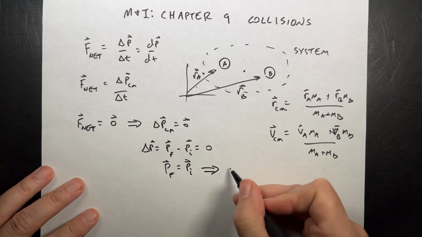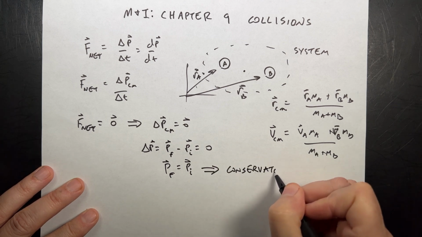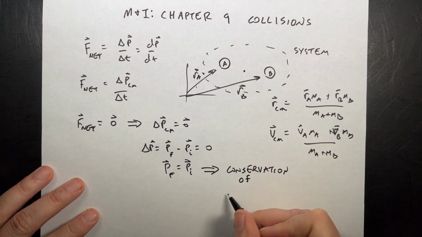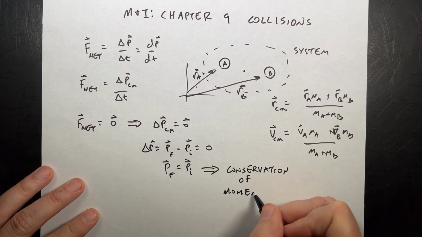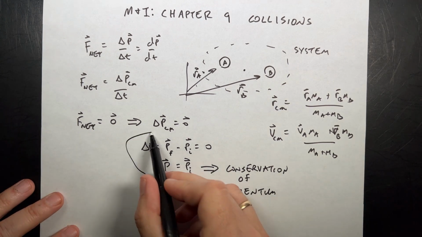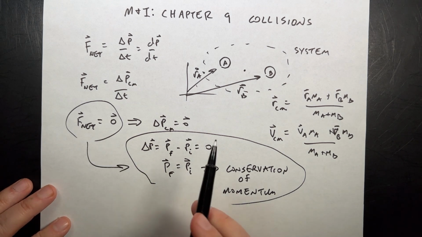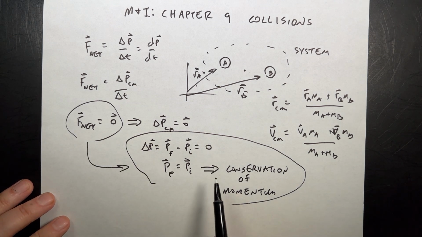And this is what we call conservation of momentum. And all that we need for this to be true is this. If the net force on the system is 0, then momentum is conserved.